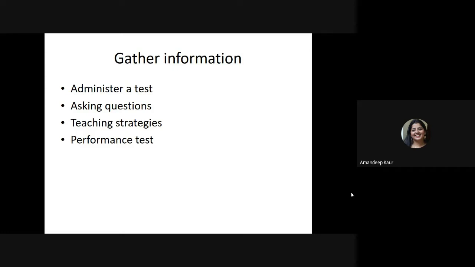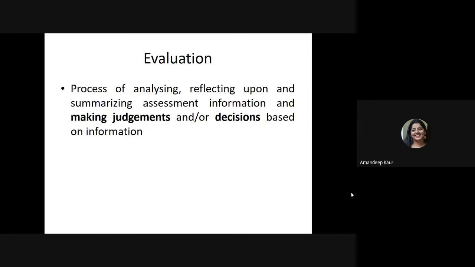So there are many ways by which we assess the performance or the level of the students in our classes. But when it comes to evaluation, we make certain judgments out of that. Assessment, I use to improve the quality of the work. Evaluation is the final judgment passed by the faculty for a specific student.